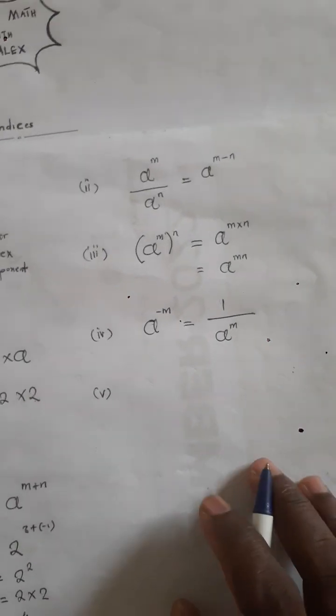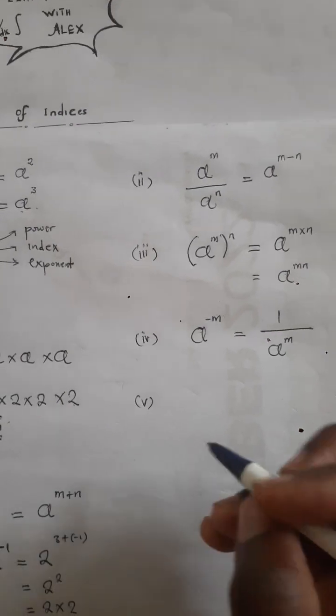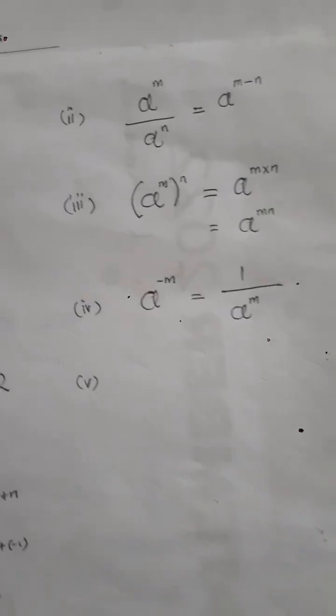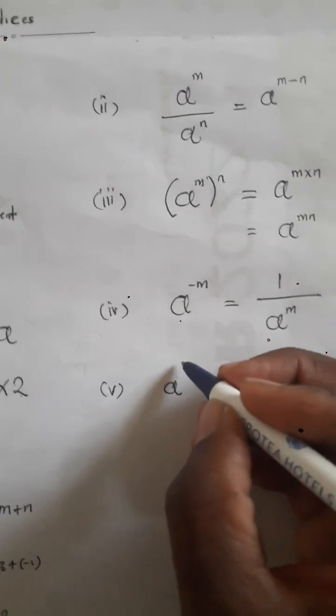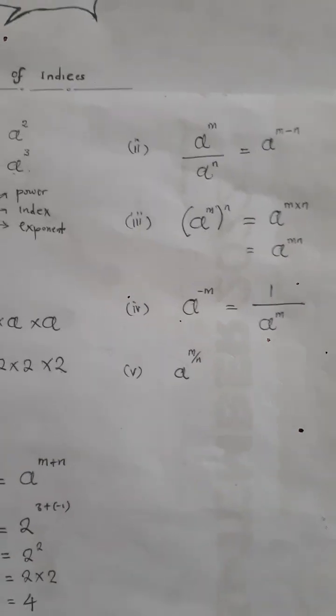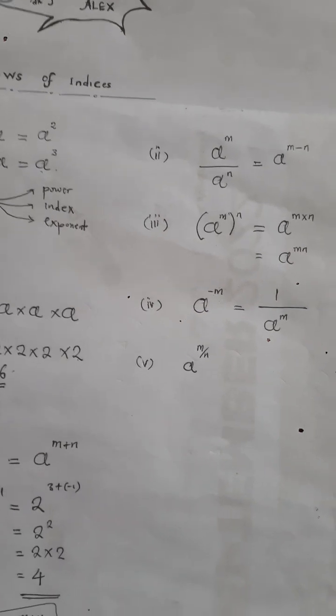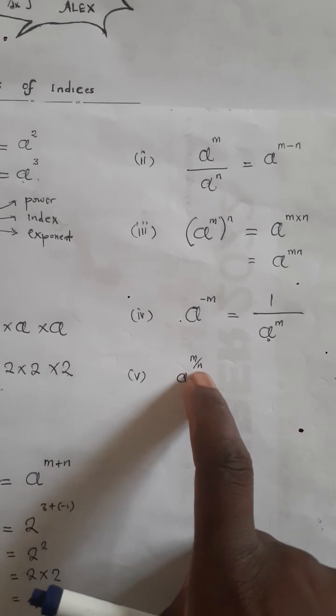So the fifth one is a raised to the power m over n. Now this time around it's a fraction. Now we want to know what is a to the power of a fraction.